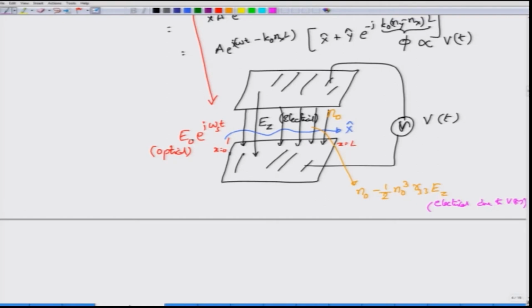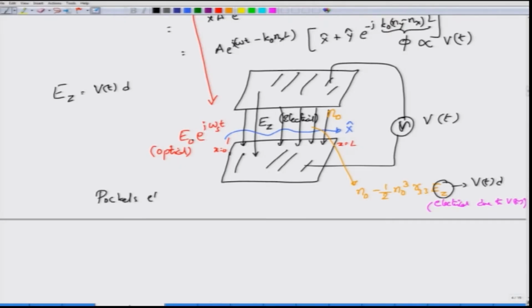Since E and V are related for a plane capacitor type of situation that we have considered, Ez is given by V of t by d, where V of t is the slowly varying function of time which we have assumed. So, you can substitute for Ez and write this as V of t by d. What you have just observed is what is called Pockel's effect.